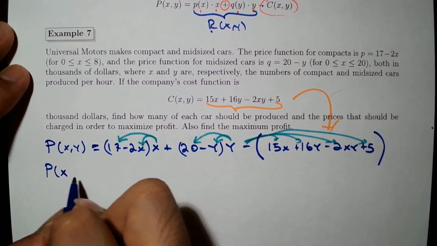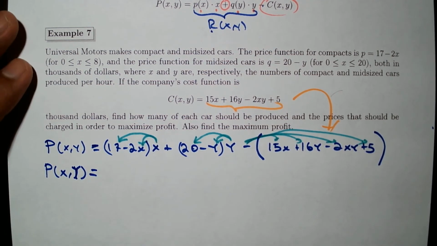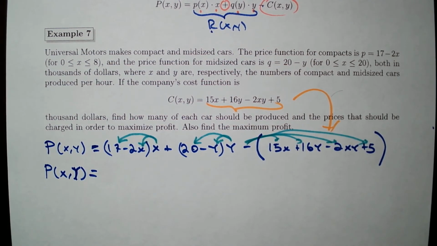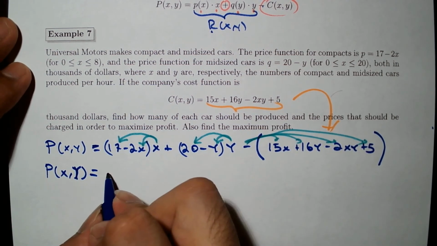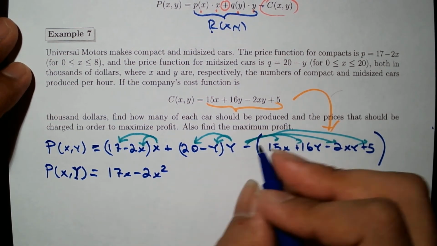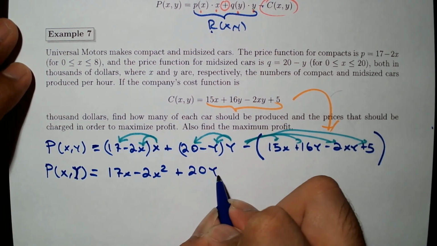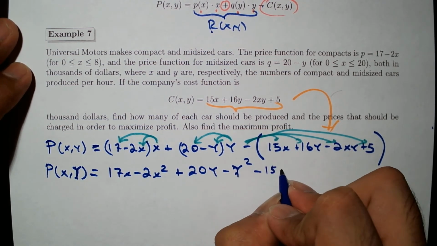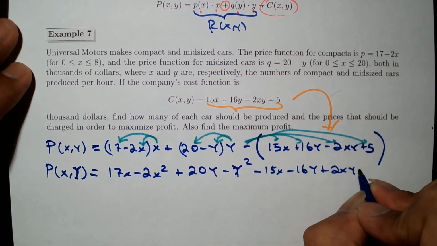So the profit function, for which we are going to do a lot of calculus, well, actually, you will see when we get to the calculus part, it's going to be really easy. I guess the most time consuming step is going to be this simplification of 17x minus 2x squared plus 20y minus y squared minus 15x minus 16y plus 2xy minus 5.